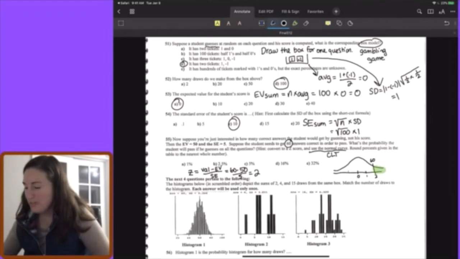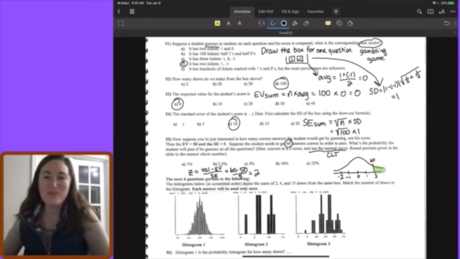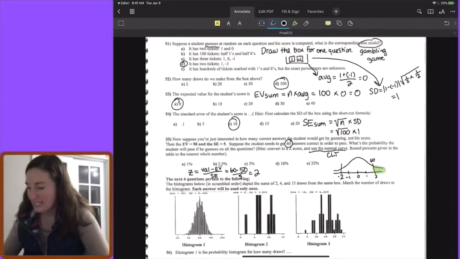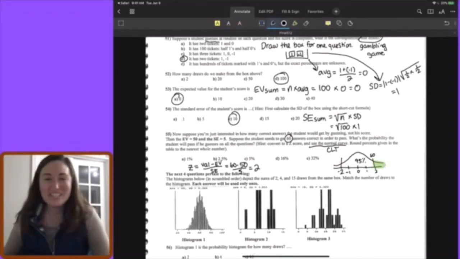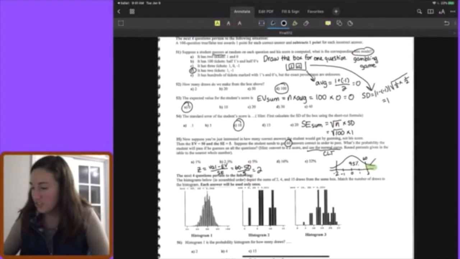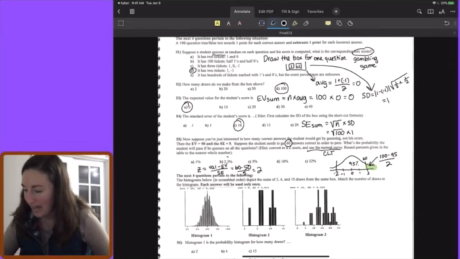And then 2, we've seen this z-score before, right? We know the middle area is 95%. 95% in the middle, and then the shaded area is just going to be 100 minus 95 divided by 2. And that gives me 2.5%.